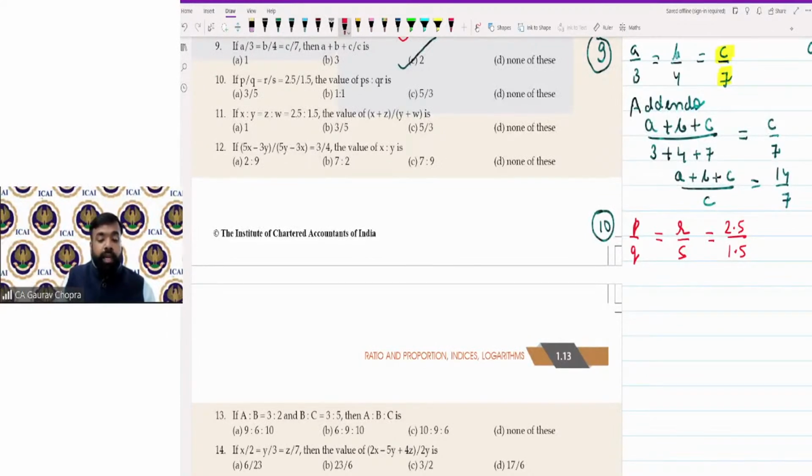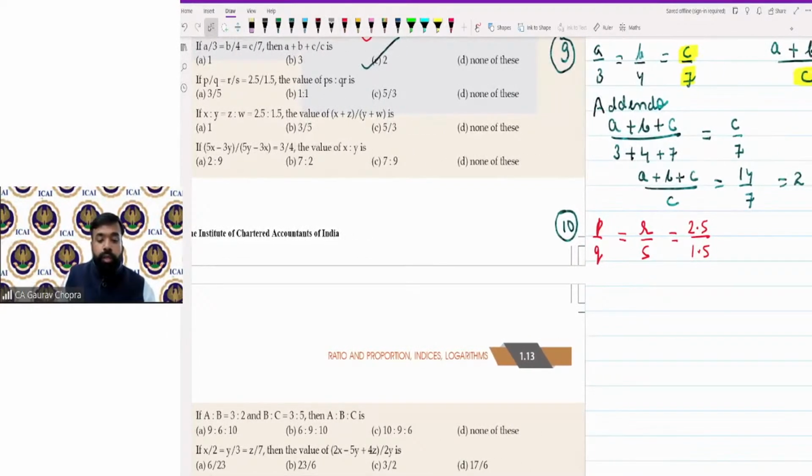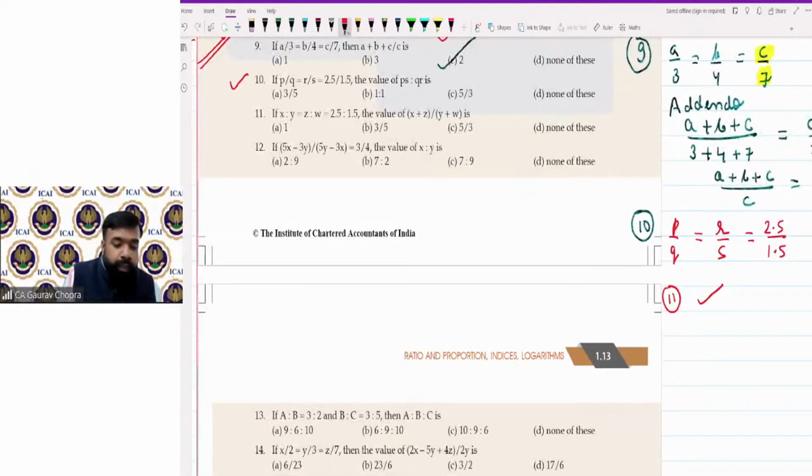Then you have to find out the value of PS, QR. PS and QR, that means you have to do the cross multiplication. The same question we have covered in the example today, with the same figures. 11th is also the same, which we have covered today in examples. So these two are exactly the same.